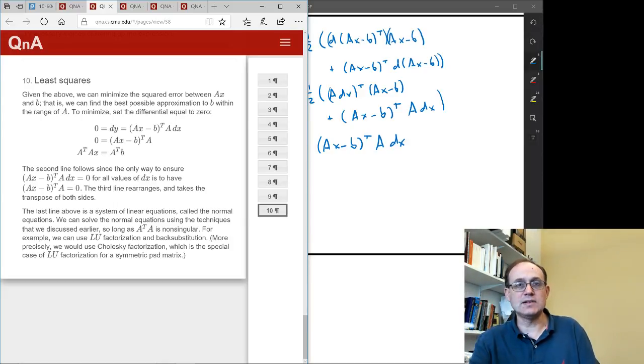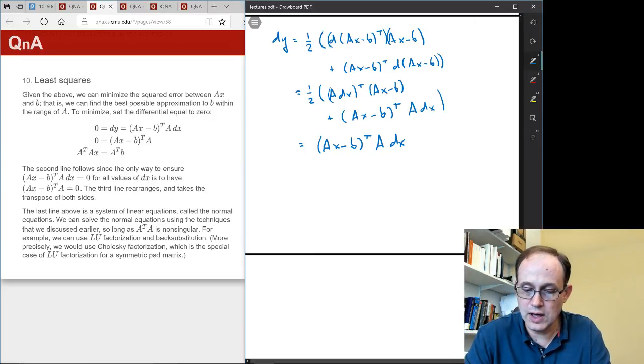And so to minimize, we set the derivative to 0, and in particular we set the differential to 0. And so if we say that 0 is equal to dy, that's the same as saying 0 is equal to this expression here.